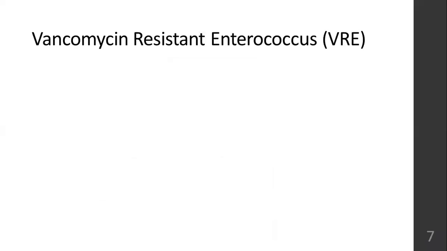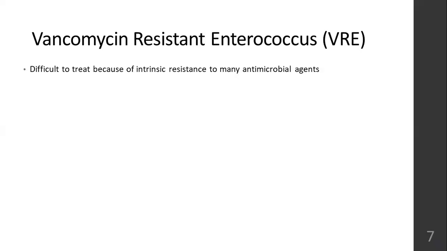Then vancomycin resistant enterococcus infection. Difficult to treat because a lot of intrinsic resistance is there to these antibiotic agents. This strain of bacteria is very much resistant to a lot of antibiotics. And control methods.